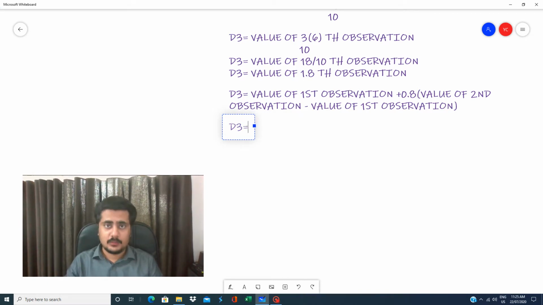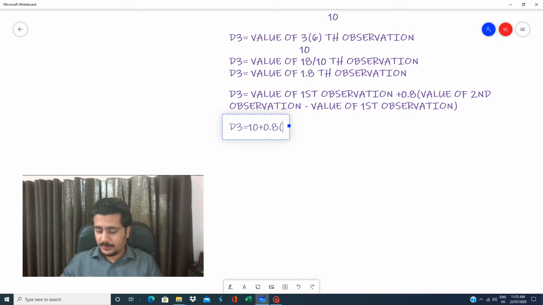Now D3 is equal to value of, now value of first observation is what? Value of first observation is 10, plus 0.8 into value of second minus value of first. Now what is value of second observation?